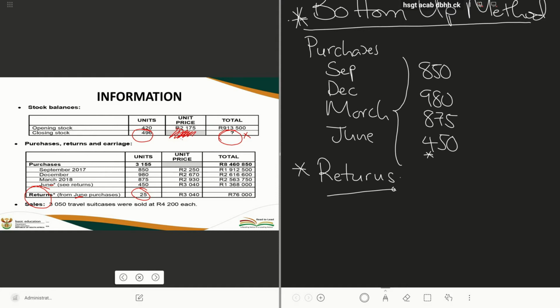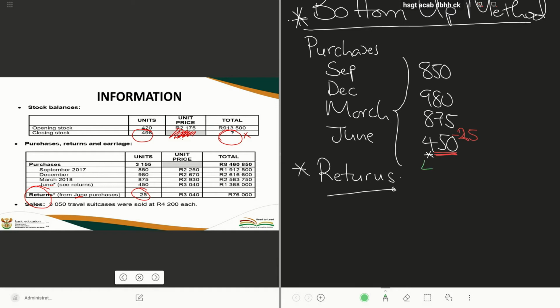So if I've returned 25, I'm going to come to my stock purchased in June and say minus 25. If I've subtracted 25, that simply means I don't have 450 anymore. How many, therefore, am I left with? I'm now left with 425.